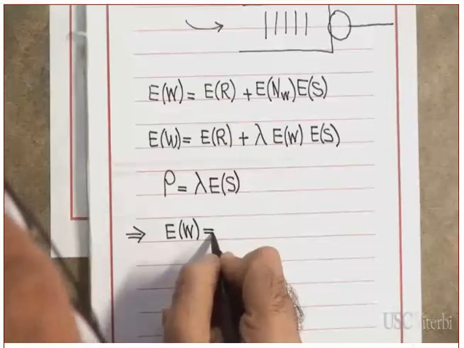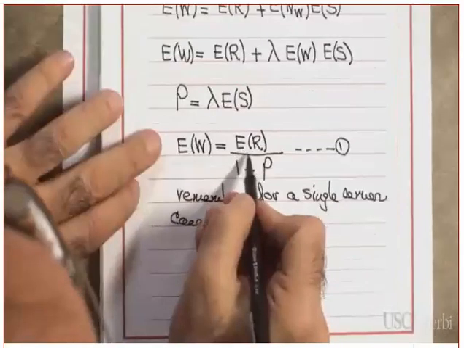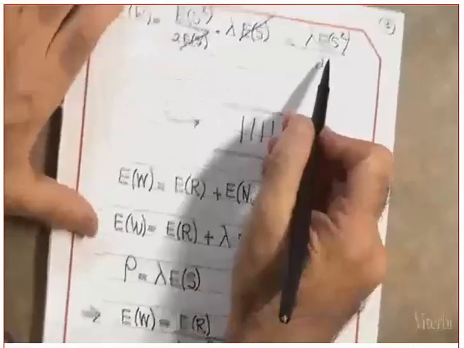Average is 1 over mu, the same average service time. Do they have the same average service time? If the service time is constant, then the average is the same as that value, 1 over mu. The reason I chose 1 over mu is that I want to compare apples with apples. The average service time is the same. Clear so far?